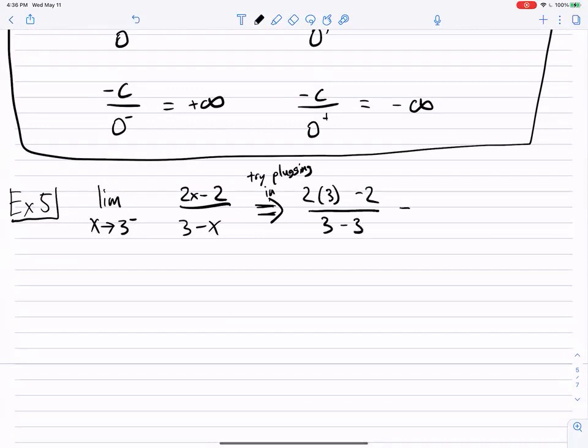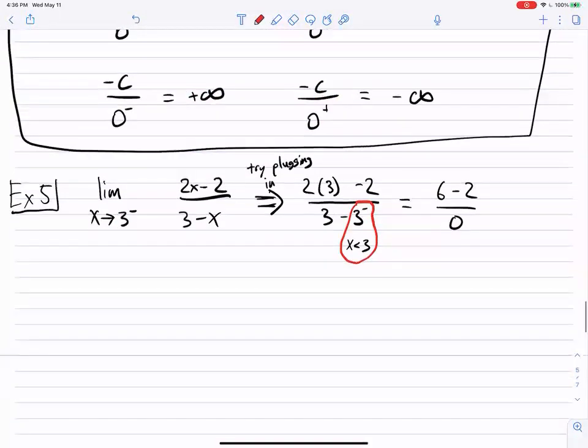But what is that equal to? That's going to be 6 minus 2 over 0, but then I need to give it a flavor. Which side are we approaching from? If we're approaching from the left, I'll put 3 from the left right here so I know these are numbers smaller than 3. This is representing x that are less than 3.